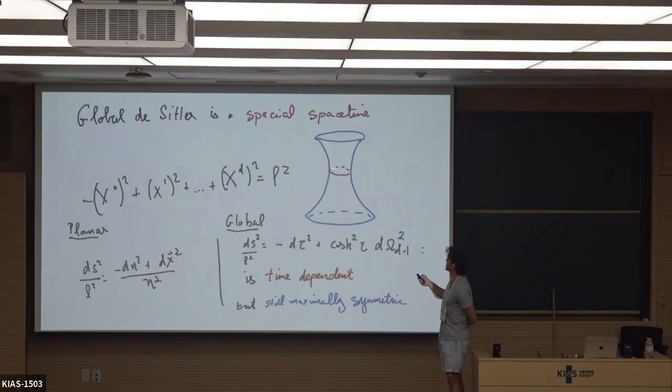And many settings of QFT on this manifold are used to study basic ideas, for example, in inflation and early cosmology. So this is why this setting is very important. So we have a time-dependent and yet still very symmetric spacetime that represents a cosmology. And that's what we're going to put our QFT on.